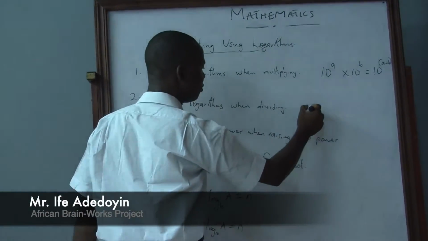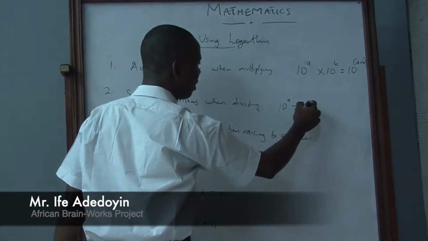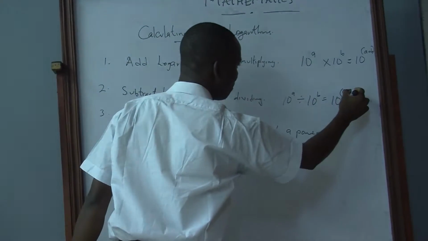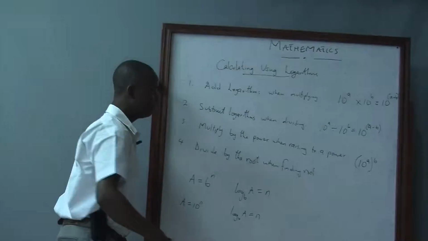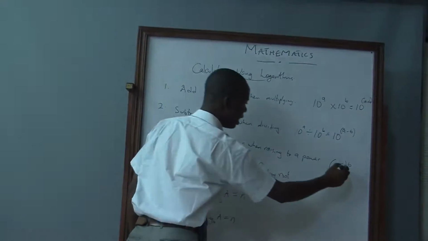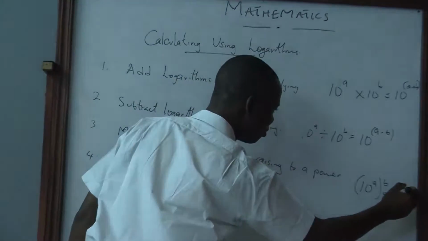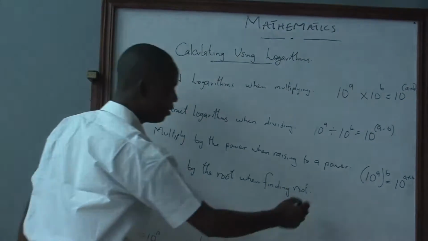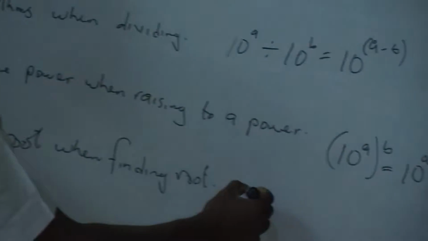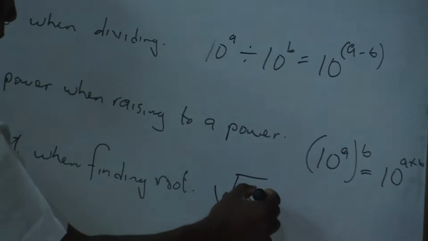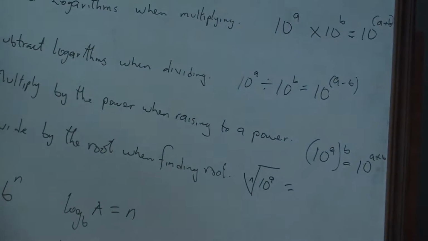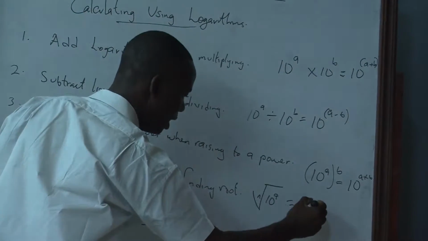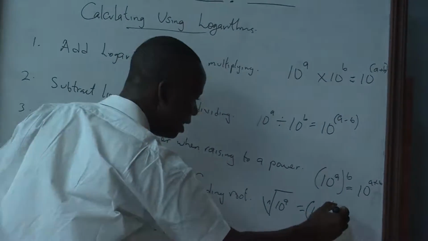In this situation, we have 10 raised to the power of A divided by 10 raised to the power of B. That will equal 10 raised to the power of A minus B. Here we have 10 raised to the power of A, all raised to the power of B, and that will equal 10 raised to the power of A times B. And for the last one, let's say we have the nth root of 10 raised to the power of A. According to our law in indices, this will be 10 raised to the power of A, all raised to the power of 1 over n.